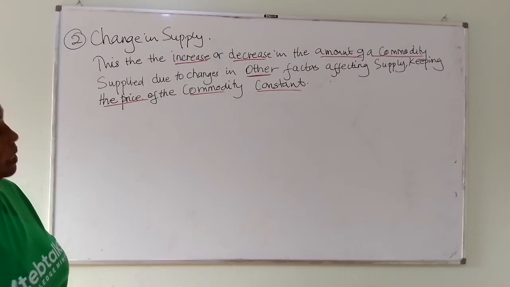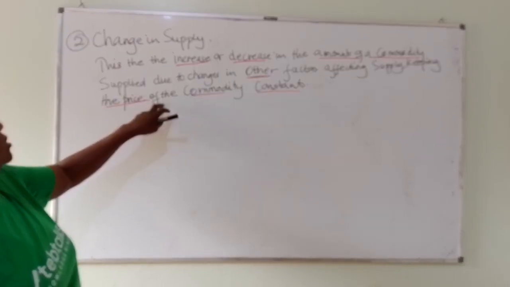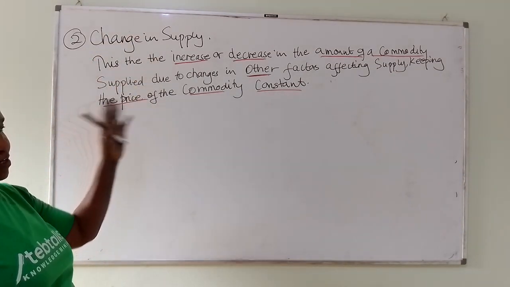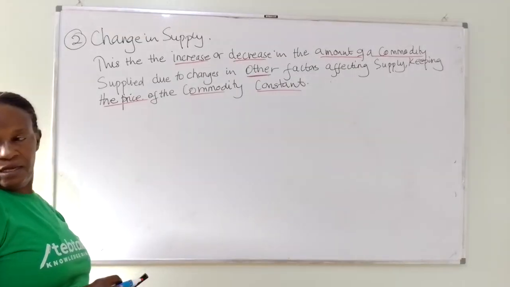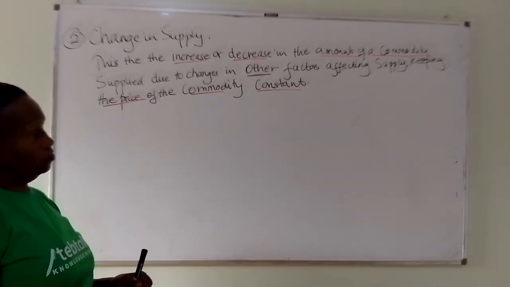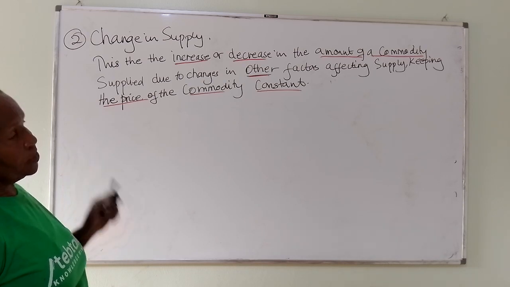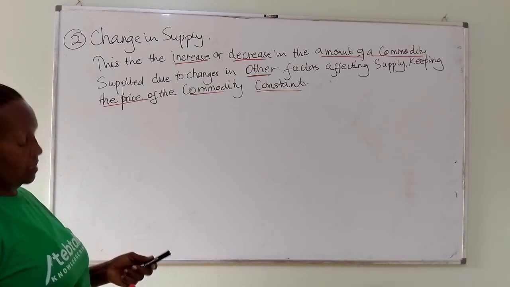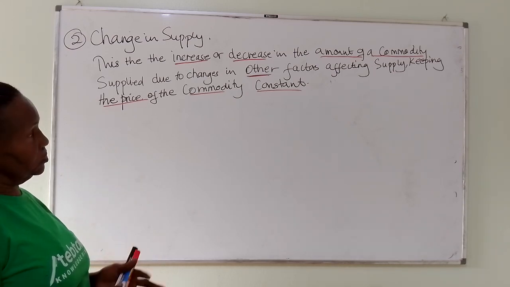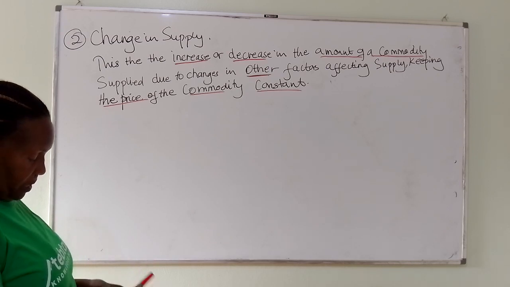Whereas in change in quantity supply, these other factors were the ones which were constant, and the price was being varied. You increase the price and lower the price, and whatever arises is an increase in quantity supply or a decrease in quantity supply. But now we are keeping the price constant, and the other factors are the ones we are trying to vary or change, and then introduce a change in our supply.